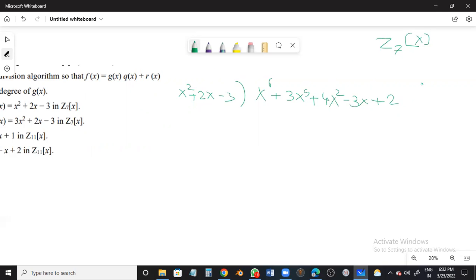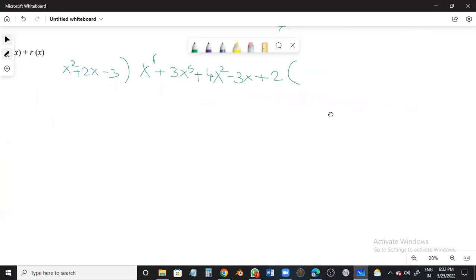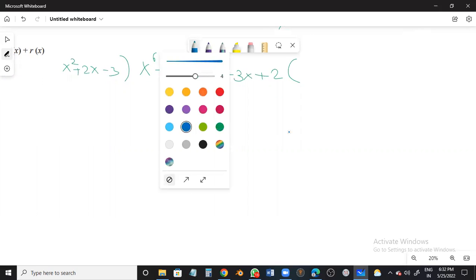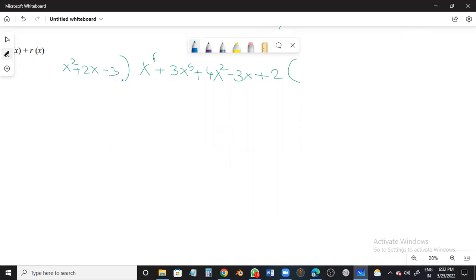So how would you continue? This division goes as per our usual rules. First we have to think of x raised to 6 and x square. So what will be the quotient? It will be x raised to 4, since x raised to 4 into x square gives us x raised to 6.